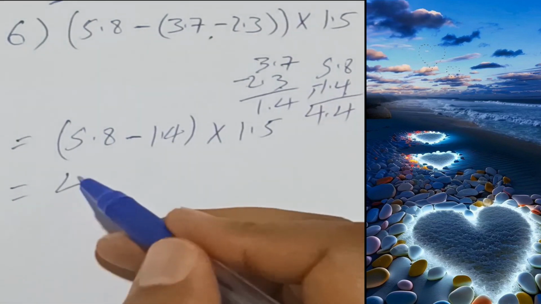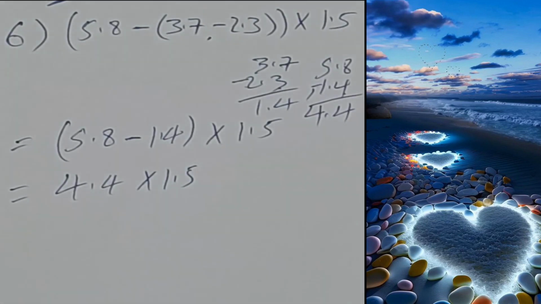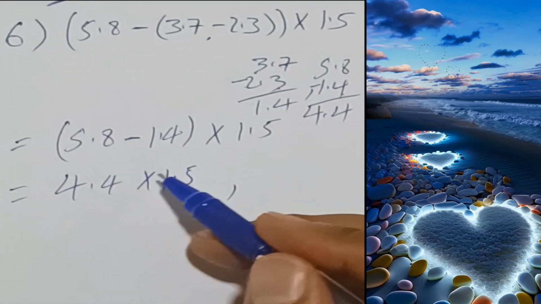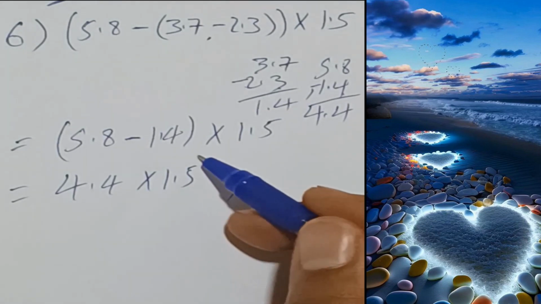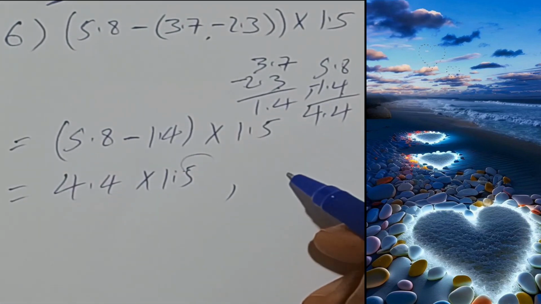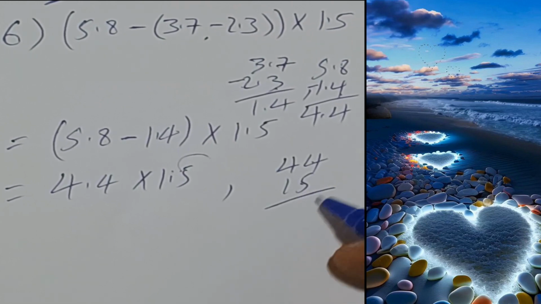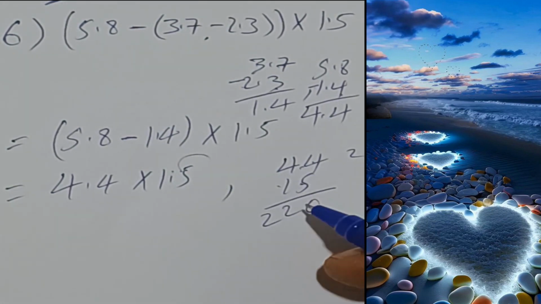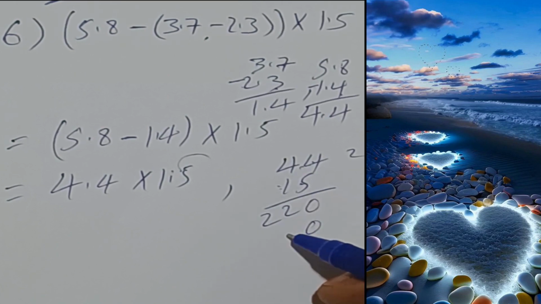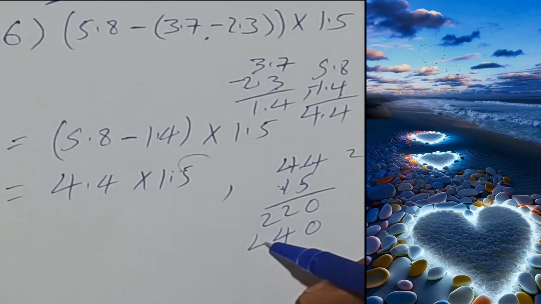Which is equal to 4.4 times 1.5. So to do this, I will multiply 44 times 15. Then I will count 1 decimal and 2 decimal places for the answer. 5 times 4, 20, and I have 2. 5 times 4, 20, and I have 2, 22. 1 times 4, 4. 1 times 4, the same 4.